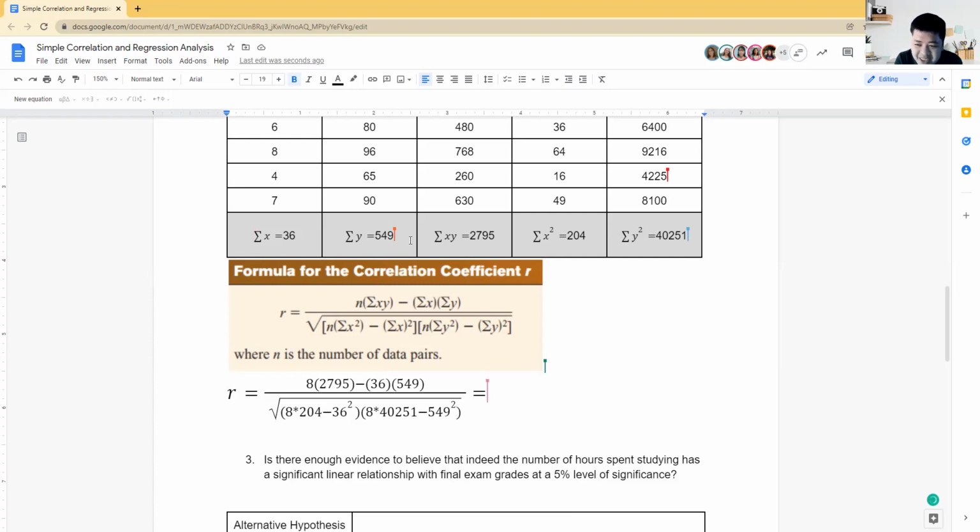Yan, si Jaisal. Mukhang meron na si Jaisal. Sige, type lang, Jaisal. Mga 4 decimal places. So, kung pareho kayo ng sagot ni Jaisal, thumbs up lang. May nag-chat sa akin.